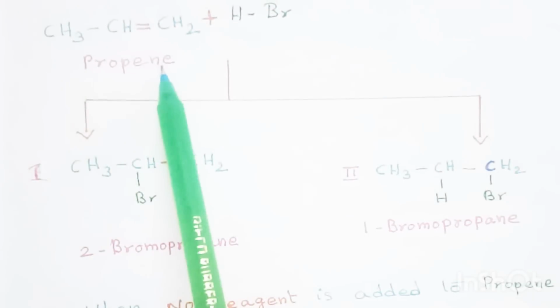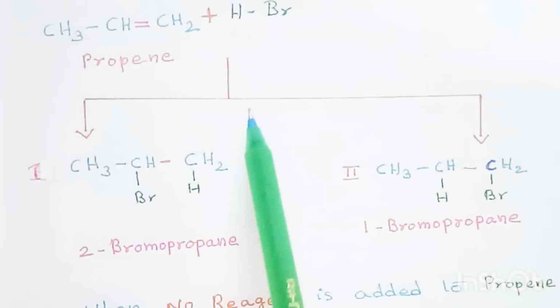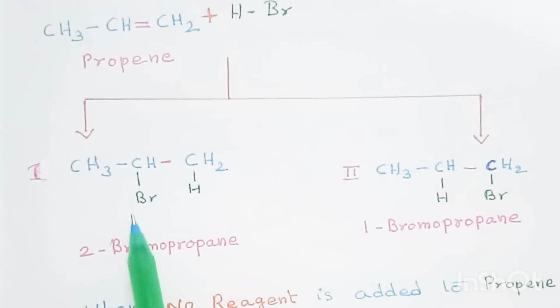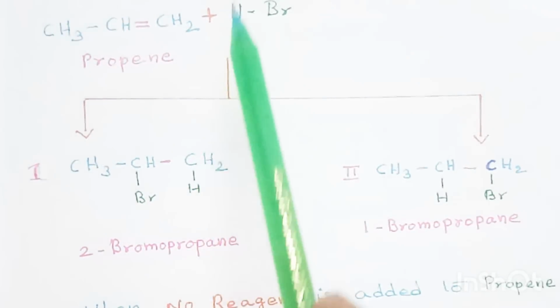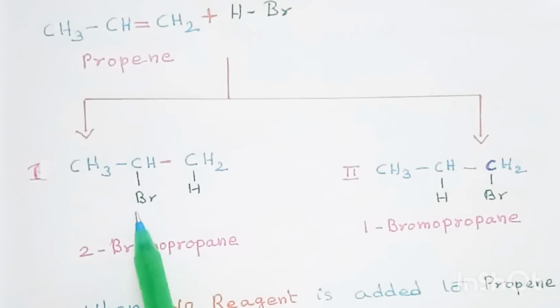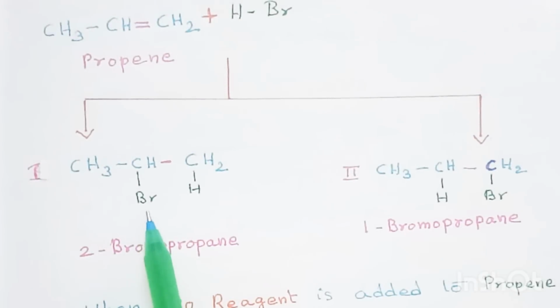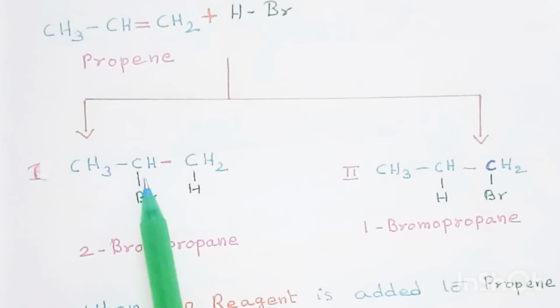So this is propene. We can either get CH3 CHBr CH3. That means bromine is getting attached here and hydrogen is getting attached here. This is 2-bromopropane because bromine is on the second carbon atom from this side or this side.